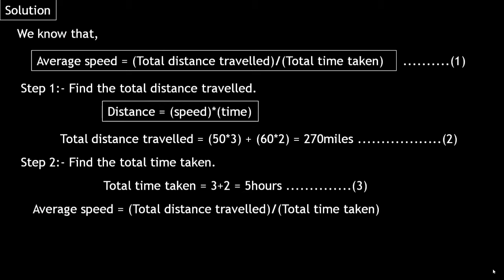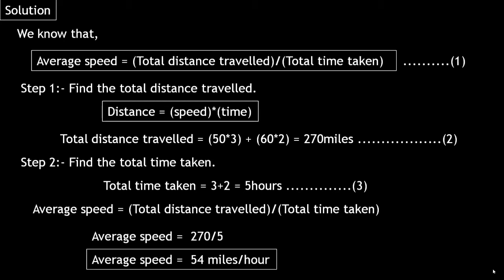We got total distance traveled as 270 miles and the total time taken as 5 hours. So substitute those two values in this equation, and we will get 270 divided by 5, that is 54 miles per hour. So the correct average speed is equal to 54 miles per hour.